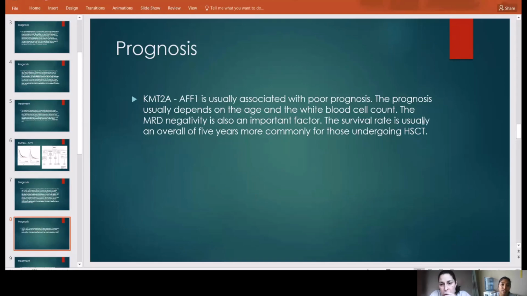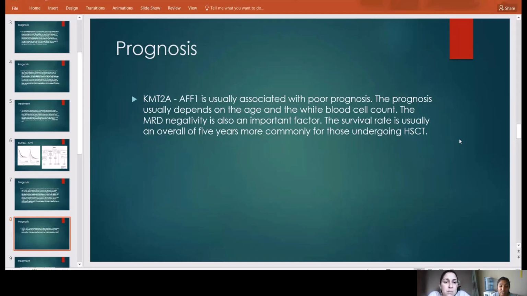And this prognosis usually depends on the age and the white blood cell count. The MRD negativity is an important factor. The survival rate is usually an overall of 5 years or more for those undergoing HSCT.